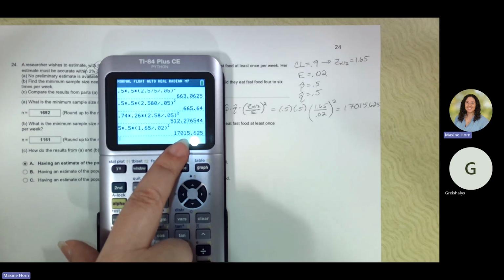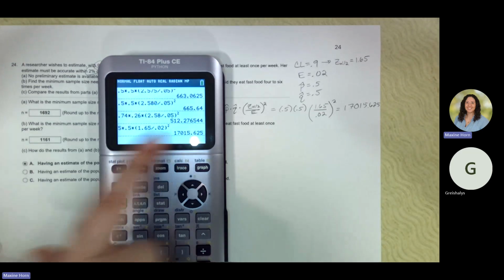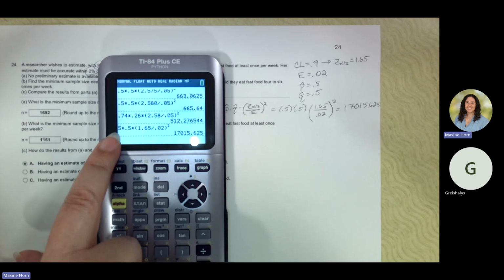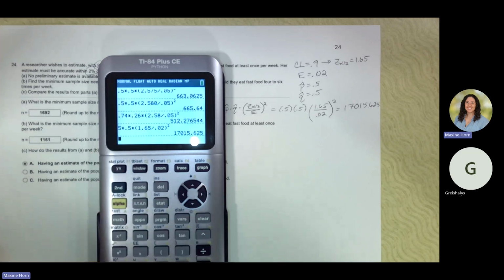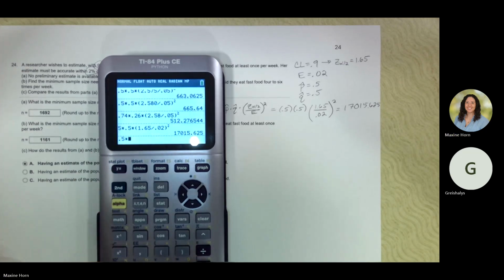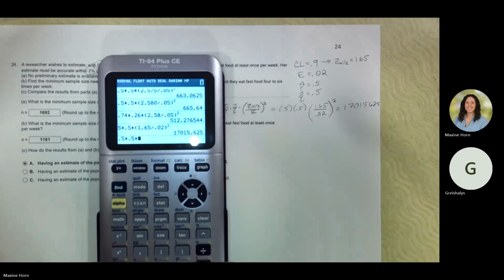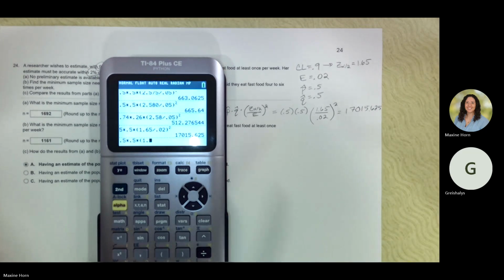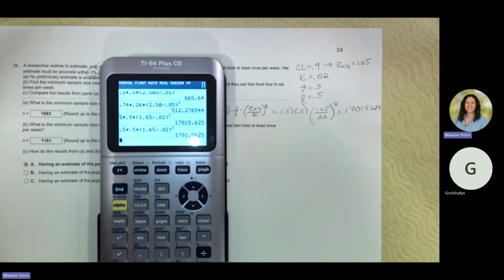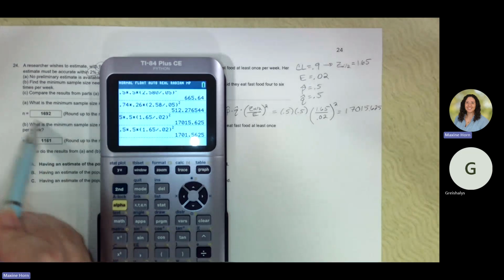That's 16,000 off. So then I go back and I see, oh, right, because I didn't multiply it by 0.5, I multiplied it by 5. So let's try that again. Okay, so I am still not getting as close to this as I want.